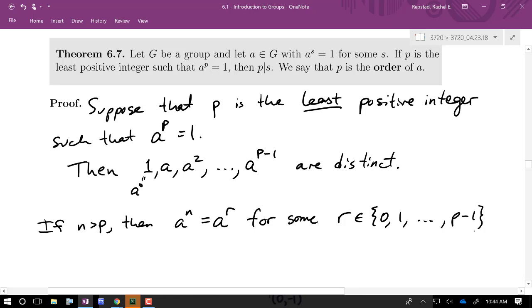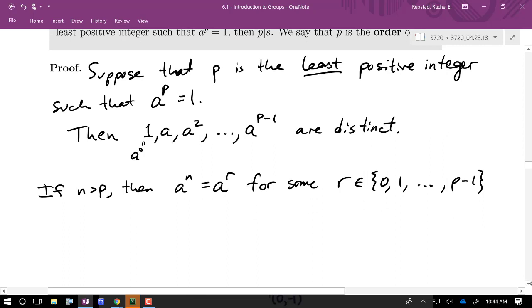All this says is that if I take some power of A with an exponent bigger than P, because these are all the distinct ones, I'm going to have to repeat one of those values.